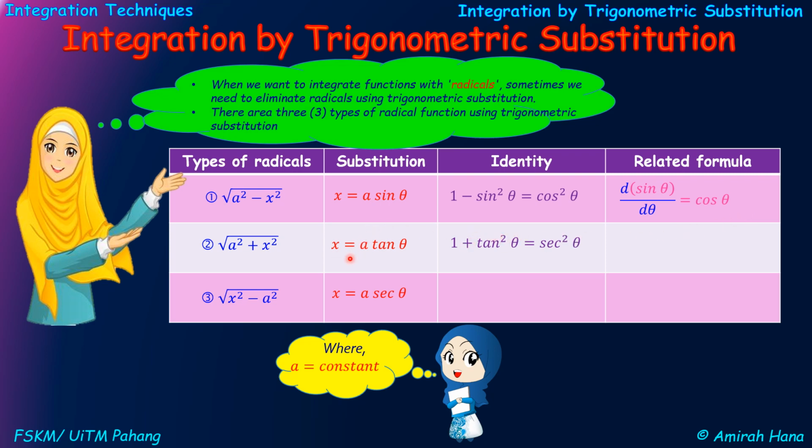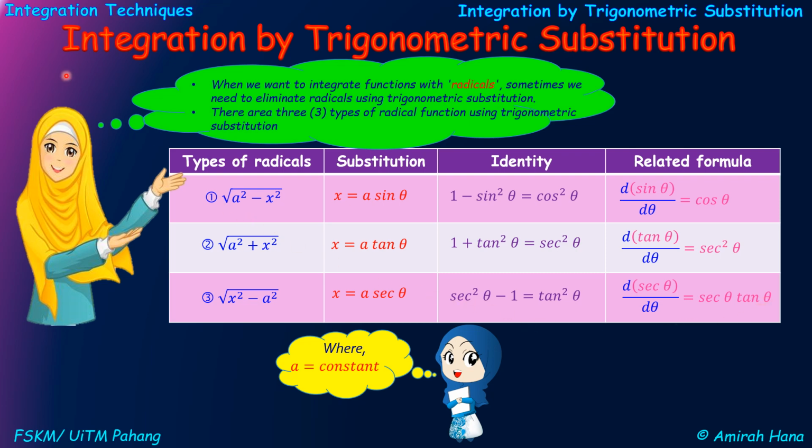When we use the substitution x equals a tangent theta, we can use the identity 1 plus tangent squared theta equals sec squared theta, and d of tangent theta equals sec squared theta d theta. And when we use the substitution x equals a sec theta, we can use the identity sec squared theta minus 1 equals tangent squared theta, and d of sec theta equals sec theta tangent theta d theta.